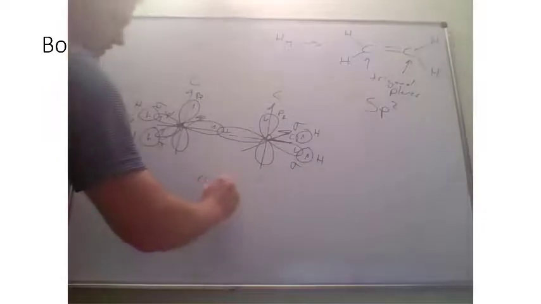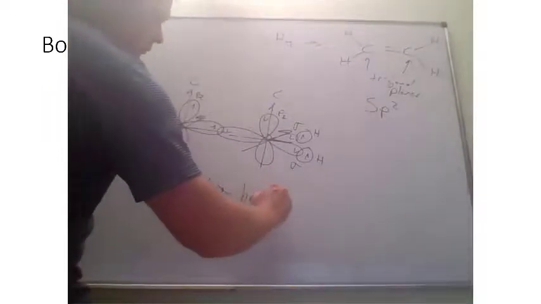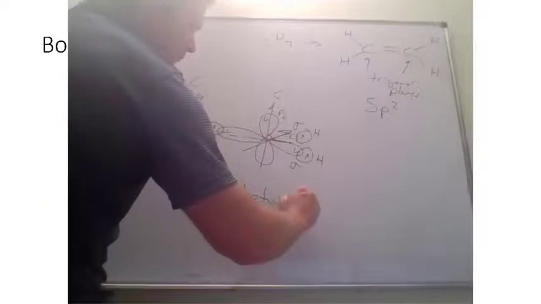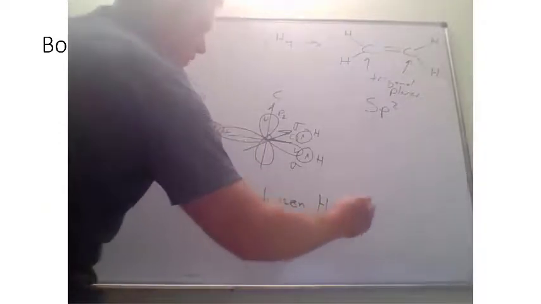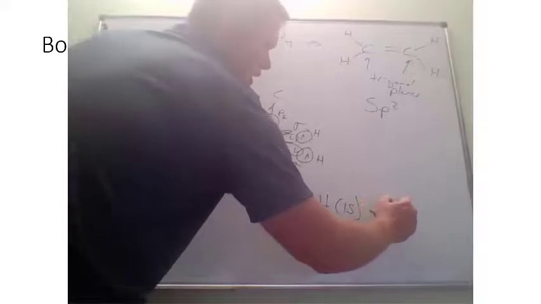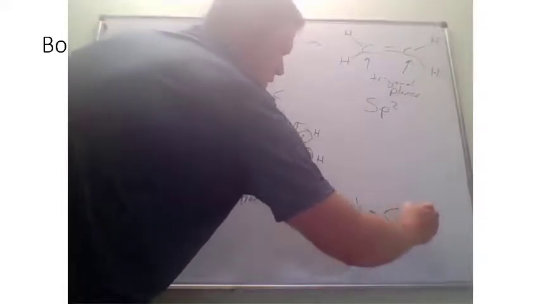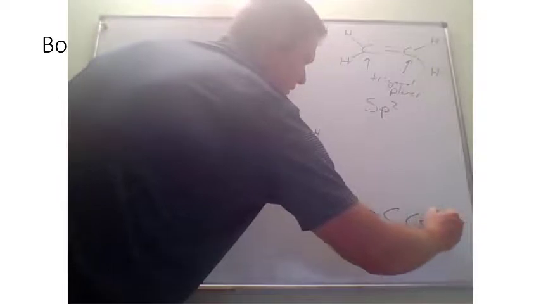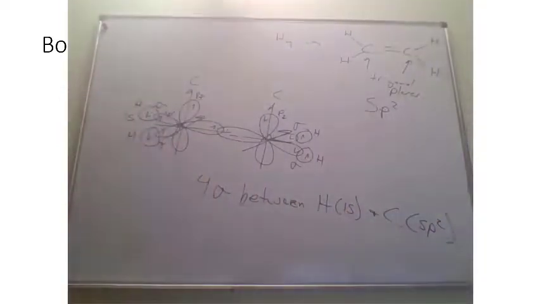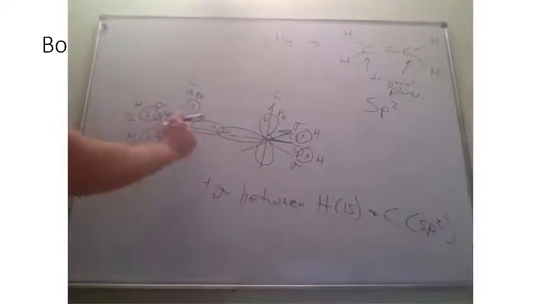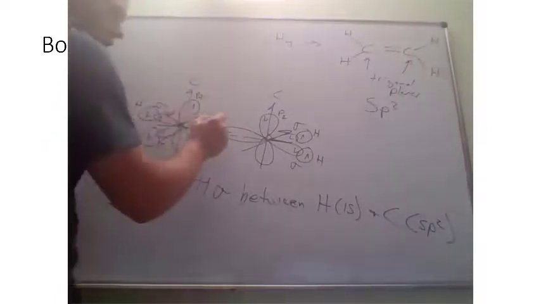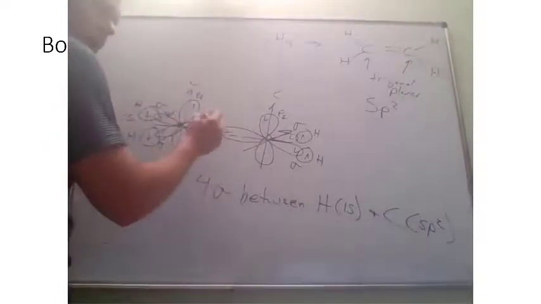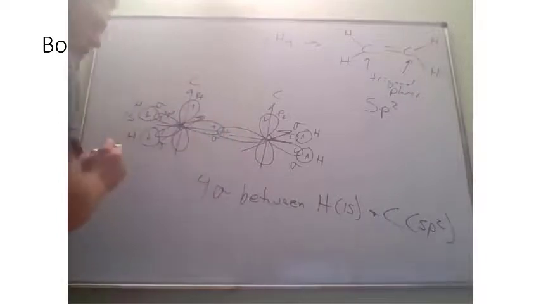So there are 4 sigma bonds between our hydrogen, which is a 1s orbital, and our carbon, which is our sp2 hybridized orbitals. And now we can see that these sp2 hybrid orbitals along this x-axis here are directly overlapping. And so what that forms is a sigma bond.